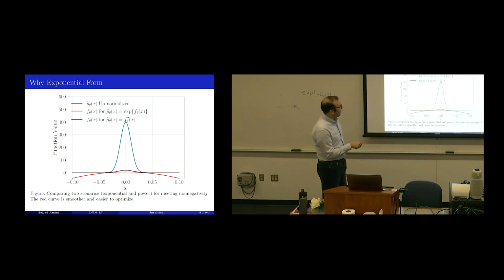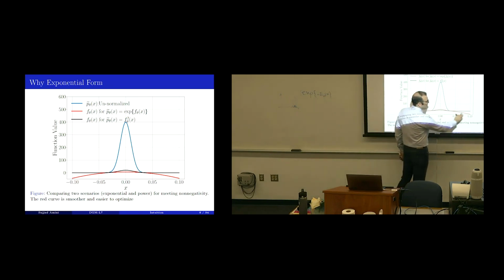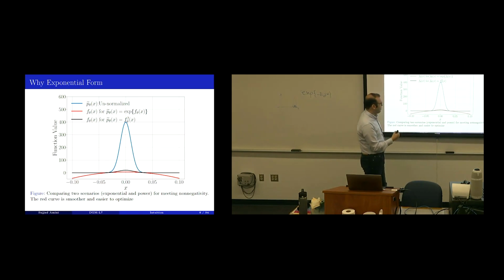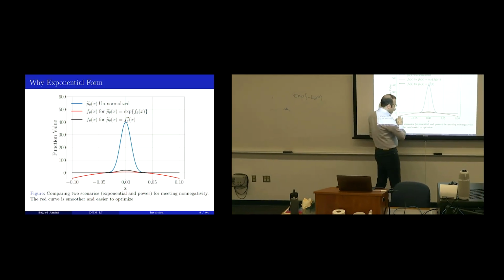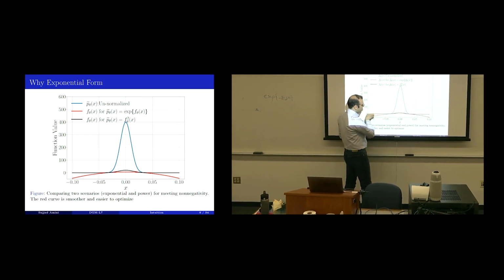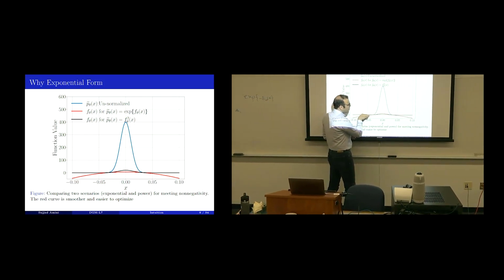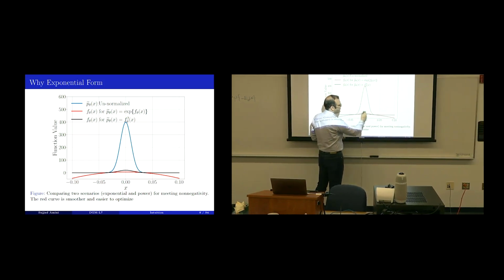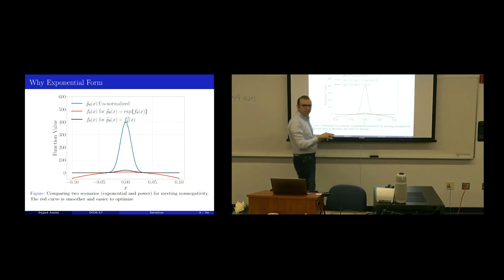As you can see here, the red curve is the smoothest curve. Why is this the smoothest curve? Smoothness can be translated into the changes in the behavior of your curve. As you see here, these two, blue and black, start from 0, and you have some change in their behavior here, and also here, and also here. So they have 3 points of behavior change.